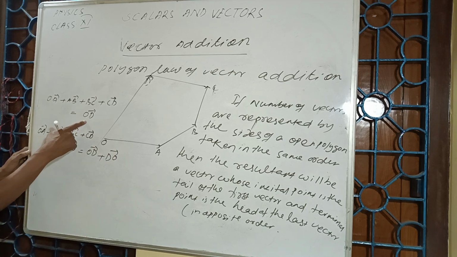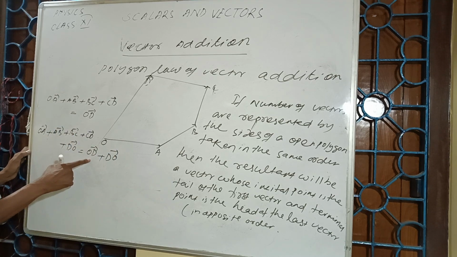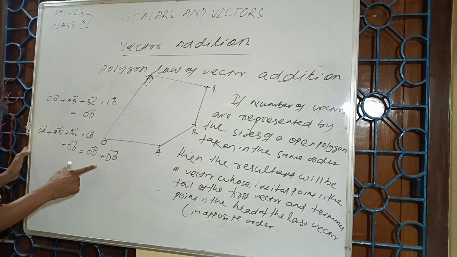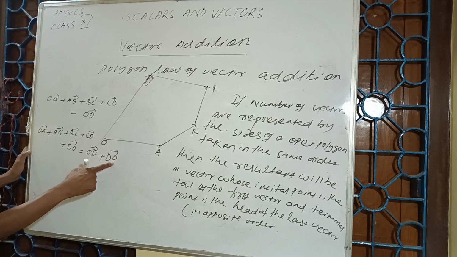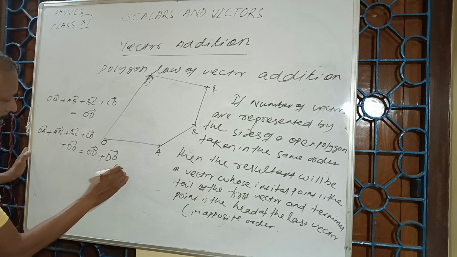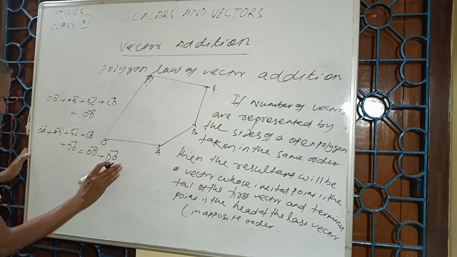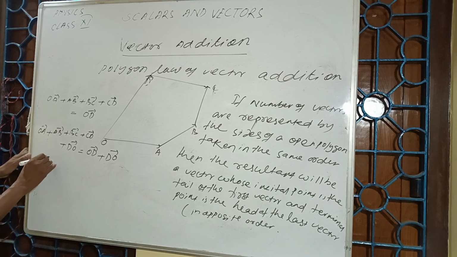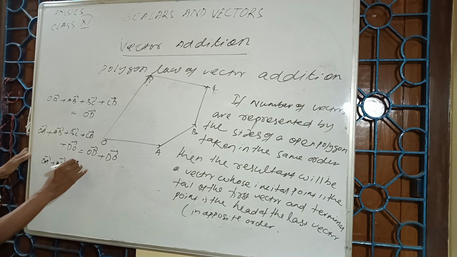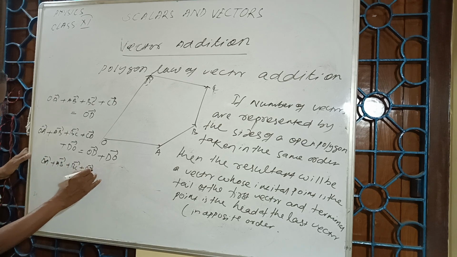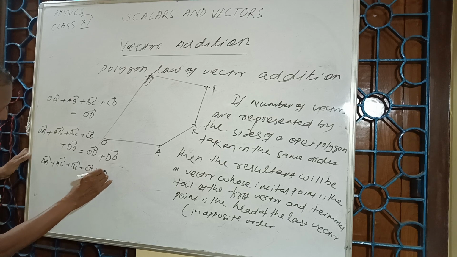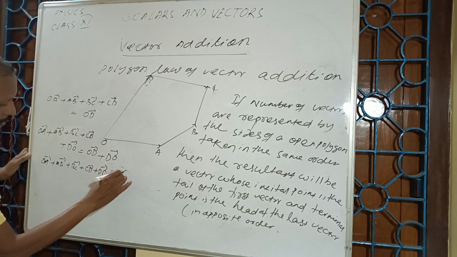Both sides I have added DO. OD and DO are equal in magnitude but opposite in direction. Then what I can write? I can say that OA plus AB plus BC plus CD plus DO is equal to 0.